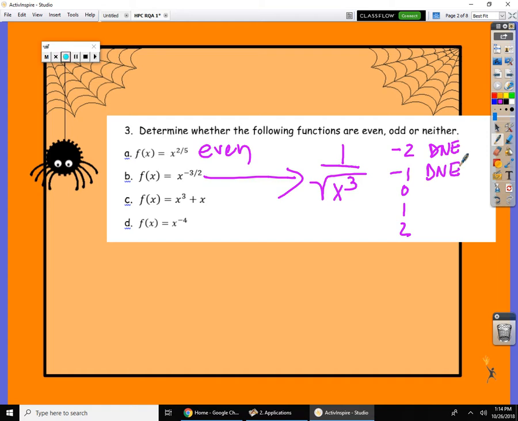All right, 0 cubed is 0. Can I take the square root of 0? Yes, and I get 0. 0 squared is 0. Now, that leaves me with 1 divided by 0. Is that going to work? No, so it does not exist.